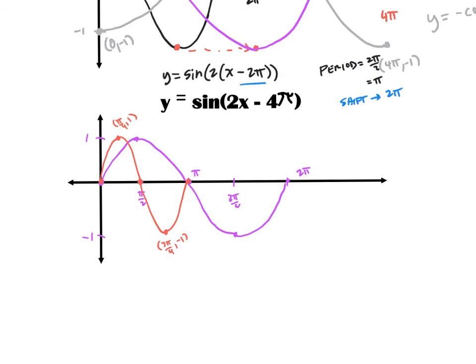Okay, now I'm going to take this function and shift it 2 pi to the right. So that means I'm going to take all points and shift them. But in order to do that, I've got to go out here to 3 pi. Because if I'm going to shift this point at pi, 2 pi units to the right, and this point here at 0, 2 pi units to the right, this red function is going to start here at 2 pi and end here at 3 pi. Granted, the function never ends.